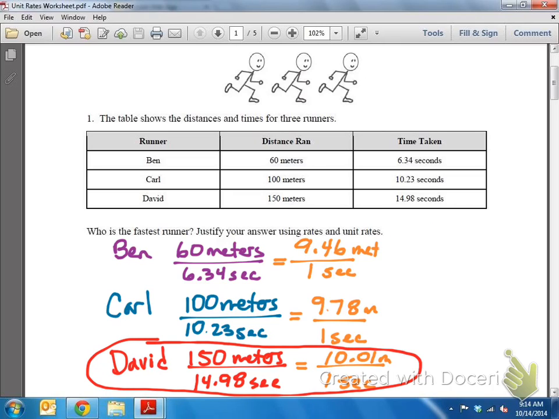So David was the fastest runner because his speed was greater than Ben's and Carl's. We had all these different numbers, but we used the unit rate to compare all 3. And by looking at the numbers, we can clearly see that David was running the fastest for the distance he ran.